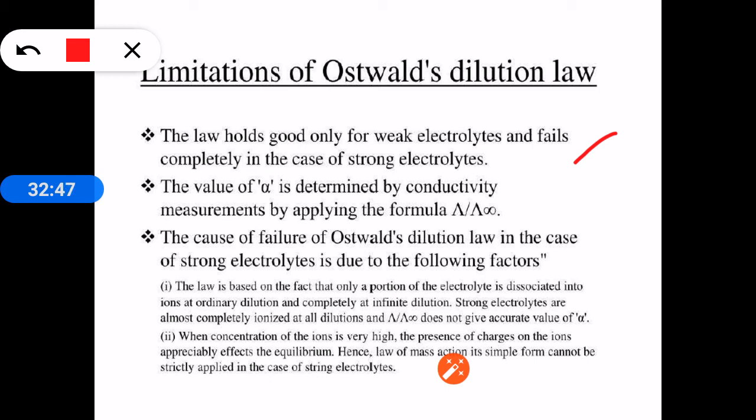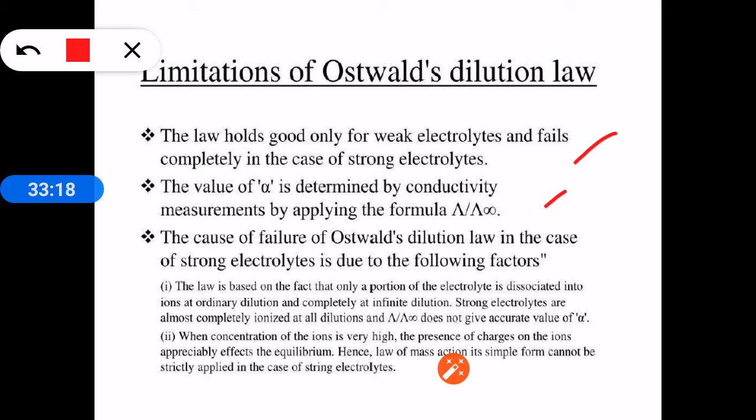And the value of alpha is determined by conductivity measurements, lambda V by lambda infinity. Lambda V by lambda infinity gives the degree of dissociation, ionization, only in case of weak electrolytes. But in case of strong electrolytes, lambda V by lambda infinity does not give the degree of ionization, because strong electrolytes are found to be completely ionizing at normal dilutions.